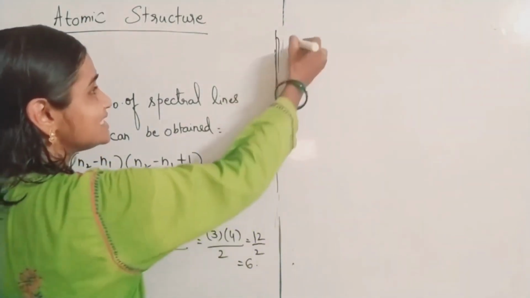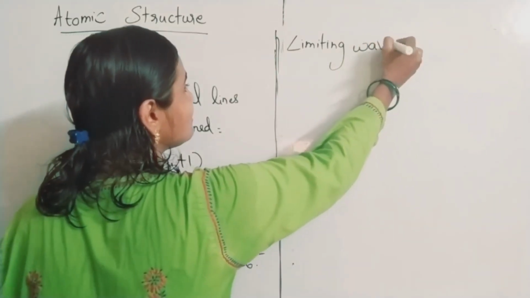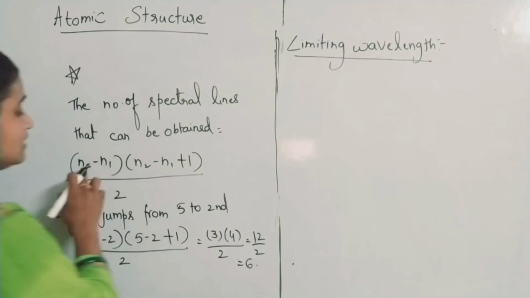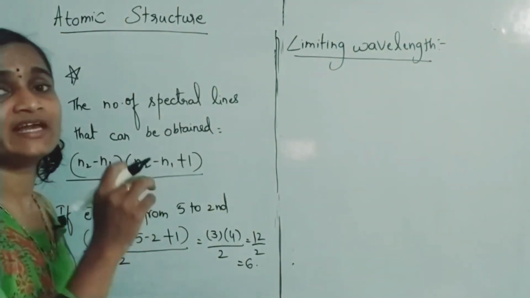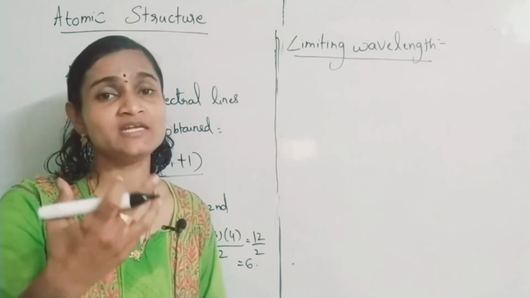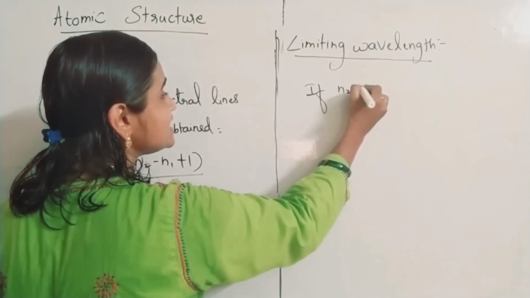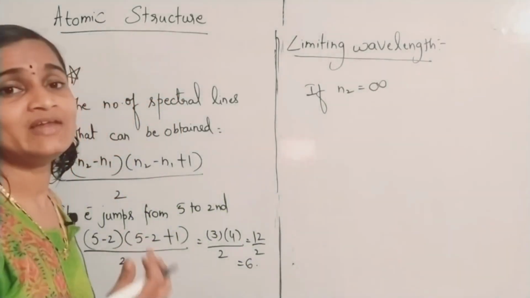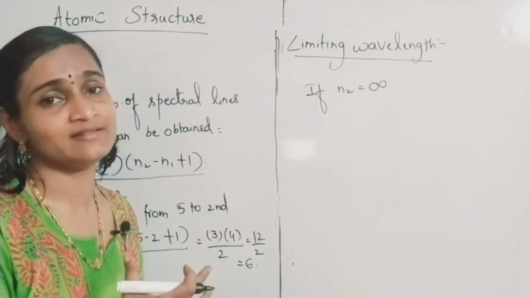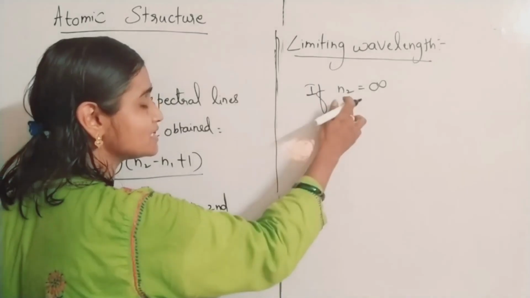In the higher energy levels, if the higher energy level is at infinity, which cannot be determined by us, that means if N2 is equal to infinity, then the wavelength of the spectral line so formed is called the limiting wavelength.